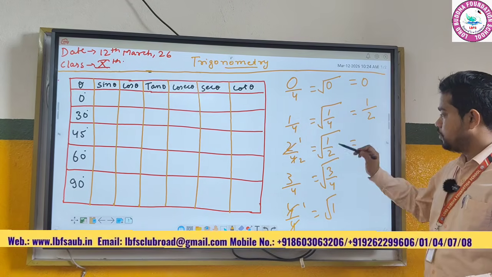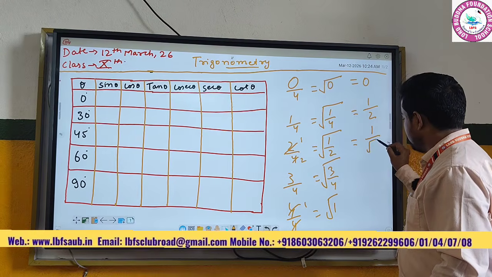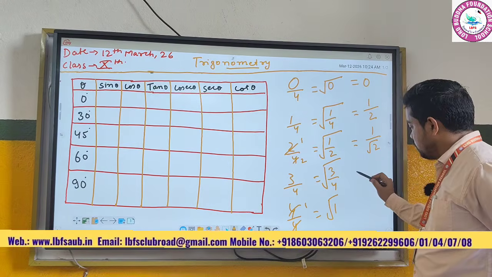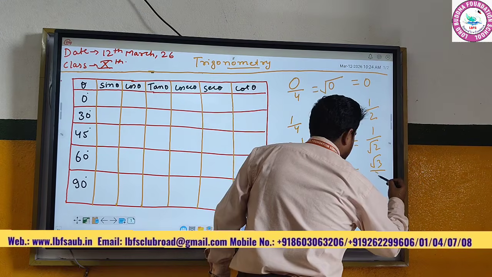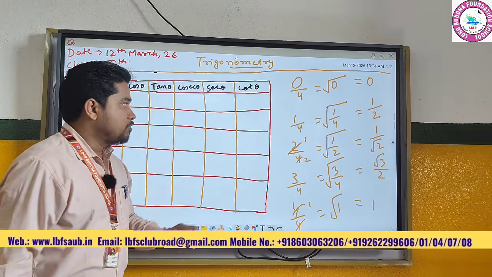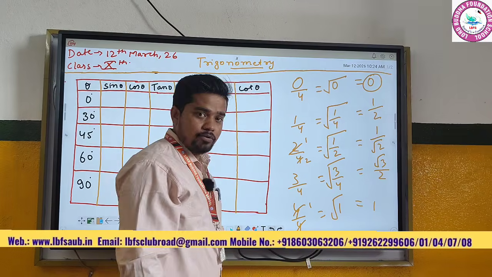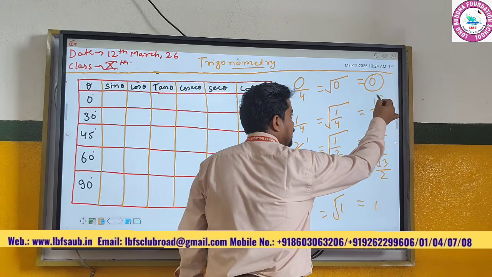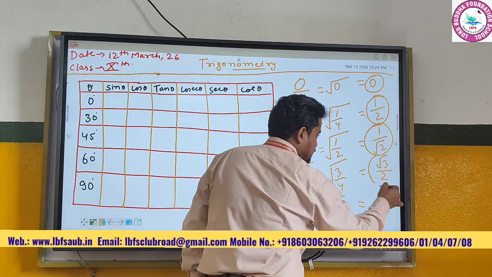The value of root 1 upon 2 is 1 upon root 2. The value of root 3 upon 4 is root 3 upon 2 and the value of root 1 is 1.